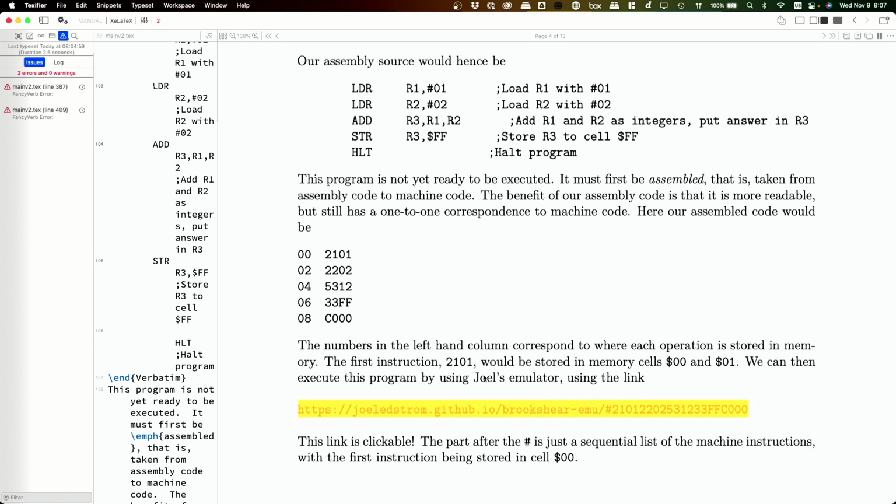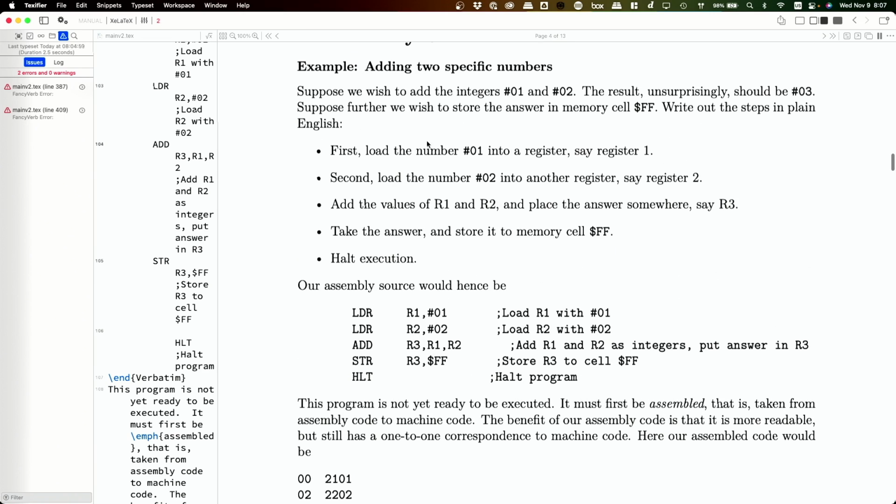So just so that we're clear on the distinction here, there are different levels at which we could program. We could write instructions in English, which is in some sense the highest level of programming, because it's the most human readable, and the most abstracted away from an actual computer.